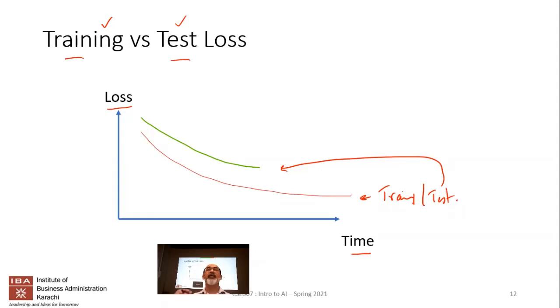But when you're testing on new data, you expect that it may not fit very well. So this is clearly testing, and this is training. Now, I've shown this part of the way. Do you think this is going to continue going downwards?